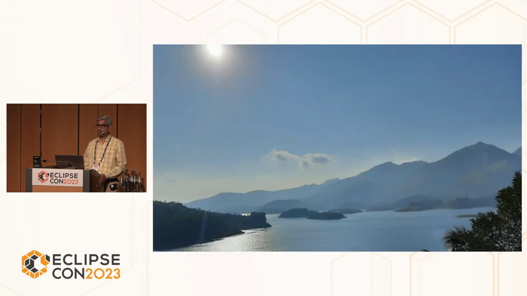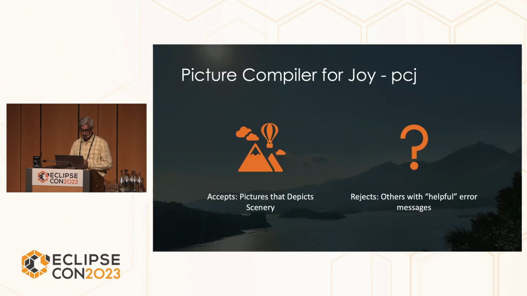What do you see here? It's a picture, a scenery. Let's forget about the code for some time and see how we can compile this picture, how we can get a structure for it.